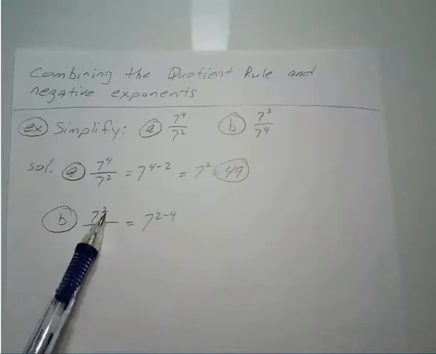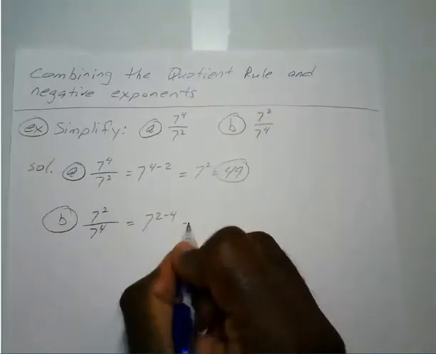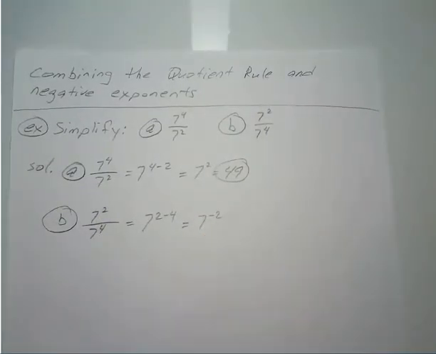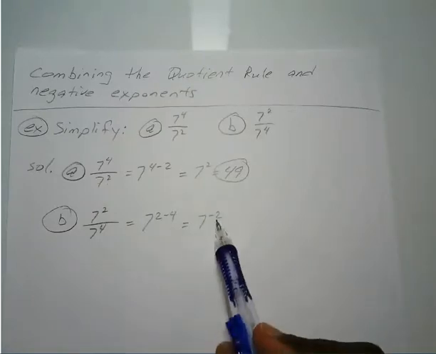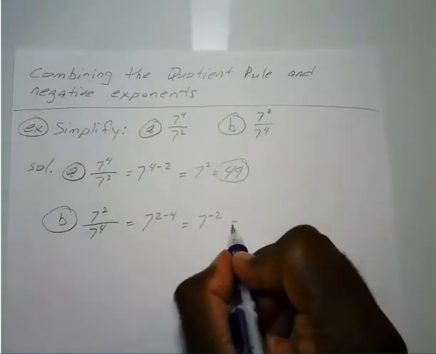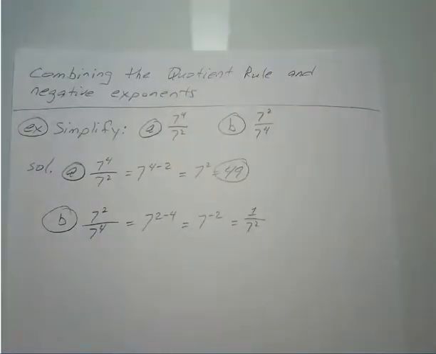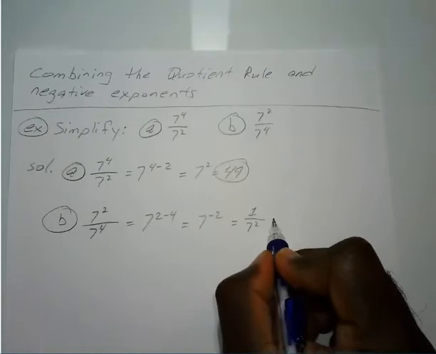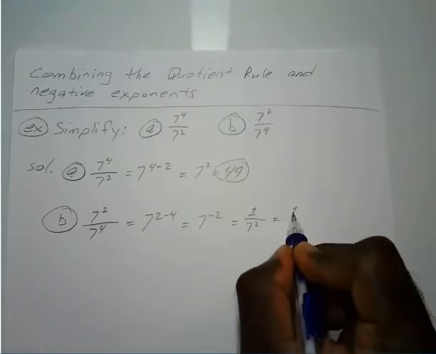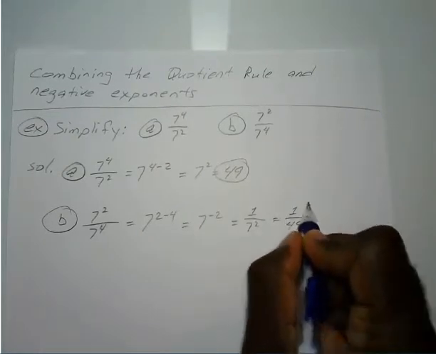Okay, so we end up with 2 minus 4, which is 7 to the power of negative 2. Whenever we have that negative exponent, we move it to the denominator and make it positive. So 1 over 7 squared. We know that 7 squared is 49, so we have 1 over 49.